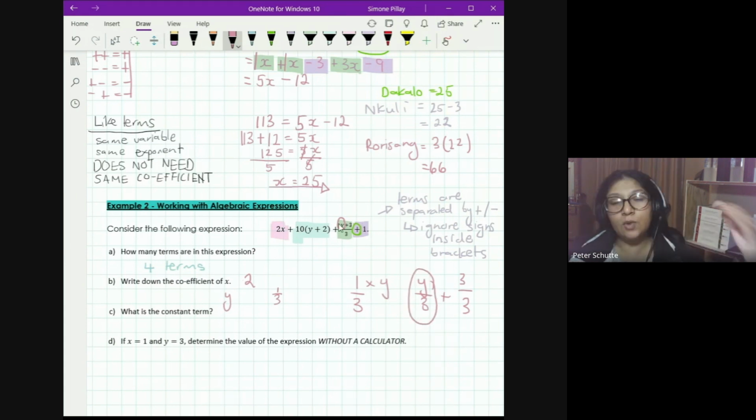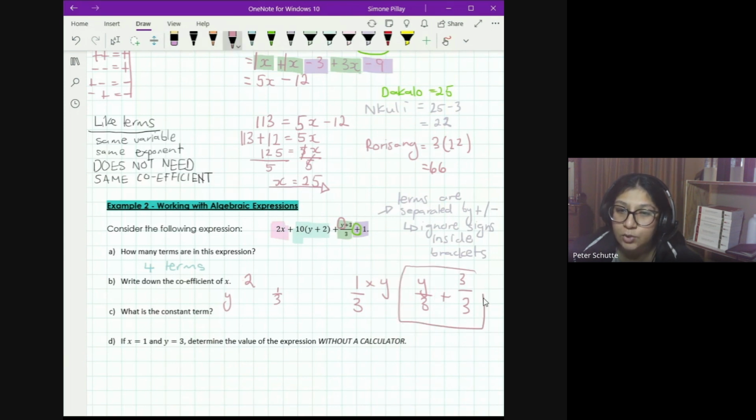So when you have a variable in a fraction, the first thing you want to do is separate the fraction, if you are able to, until we have the variable as a numerator on its own. And then we take the number in front of our variable and the denominator. And that is how I got 1 over 3 as my coefficient.